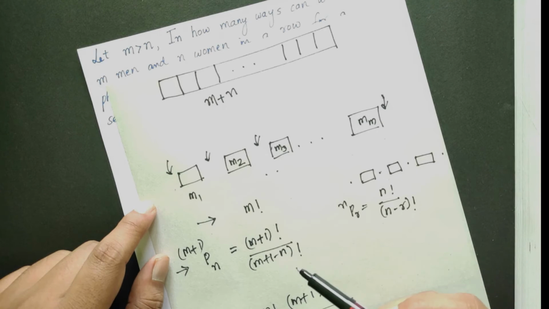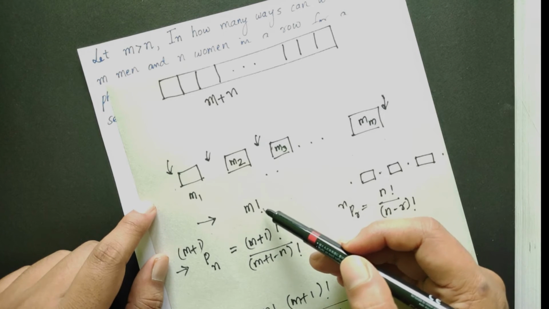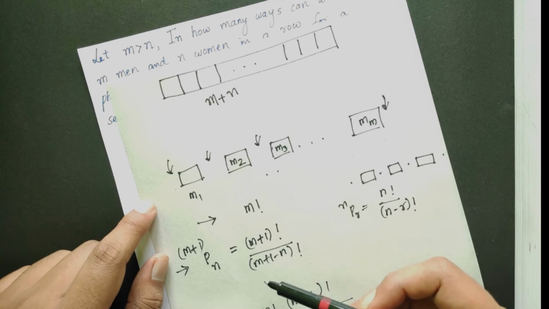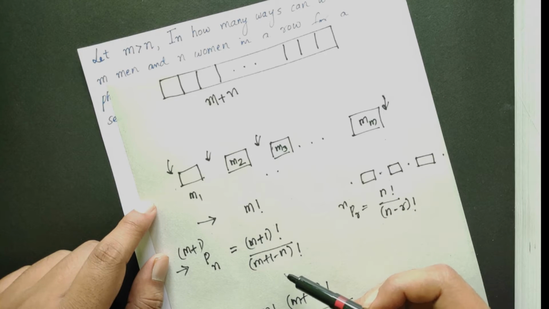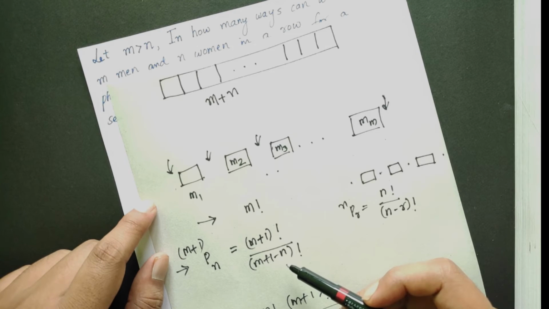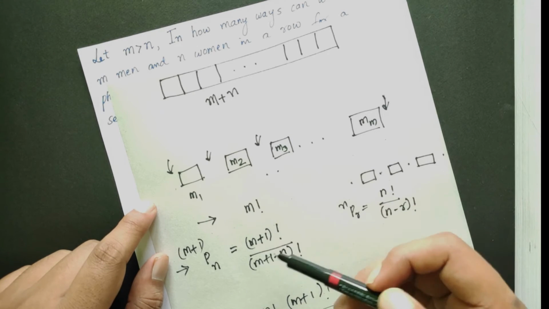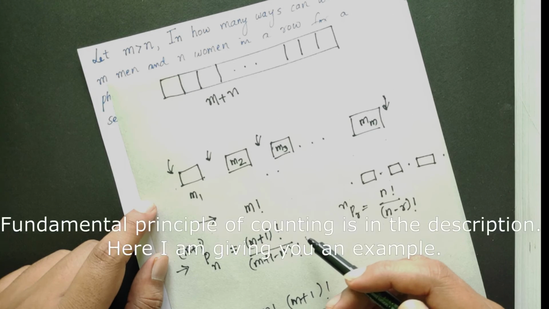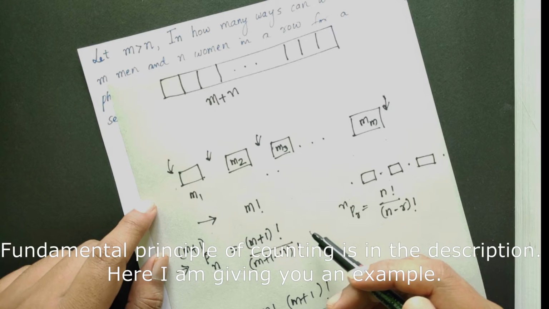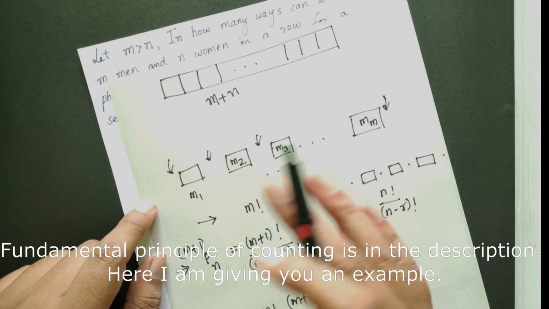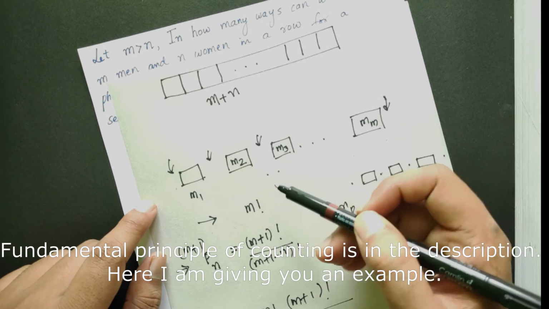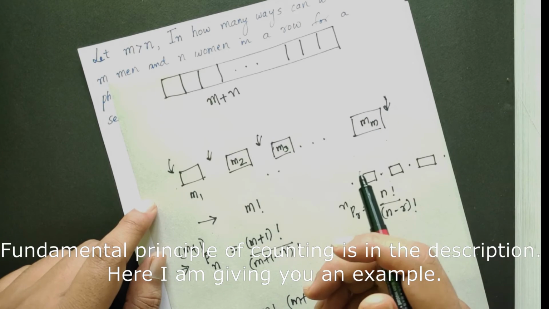And when I did this particular product, m factorial into, we have the fundamental theorem of counting, right? I used that fundamental theorem of counting, which tells you that if you have two shirts and three pants, in how many different ways can you wear them? So it is like 2 into 3. For each shirt you have 3 possibilities of pants.